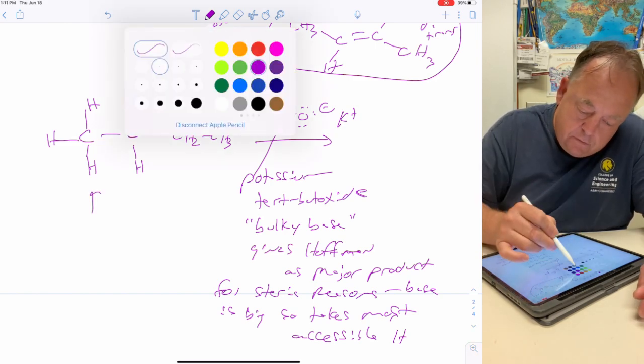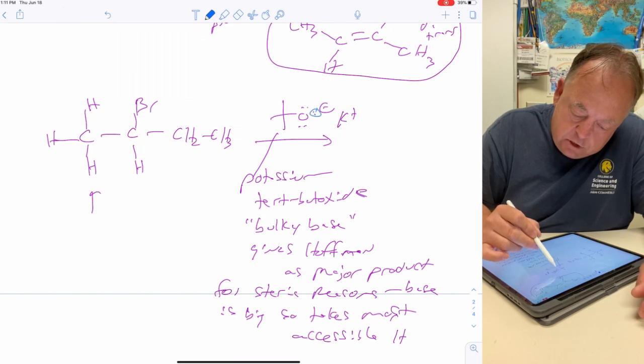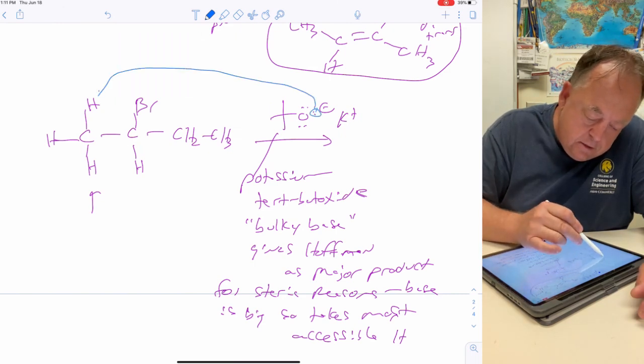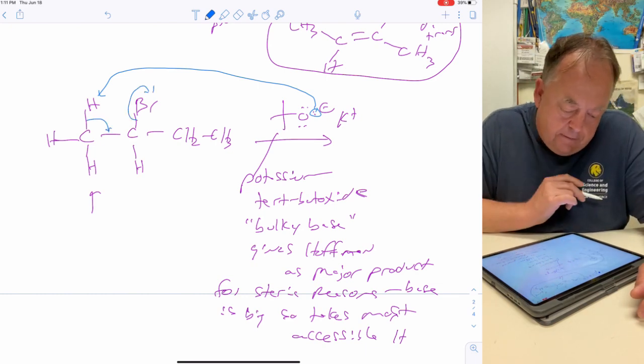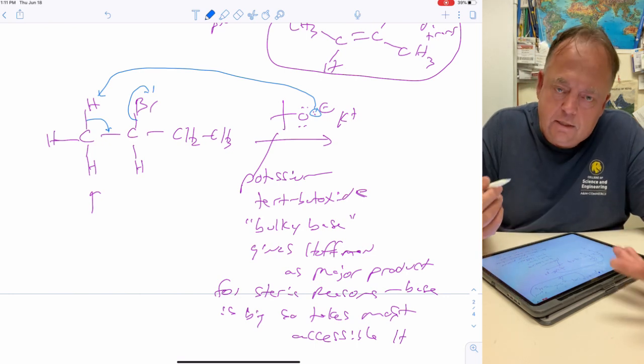So the mechanism is basically we're just going to take a lone pair, take off any of these three hydrogens, those electrons become a carbon-carbon double bond, and bromine leaves, and it all happens in one step.